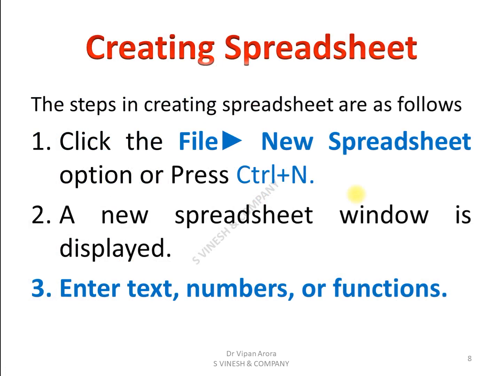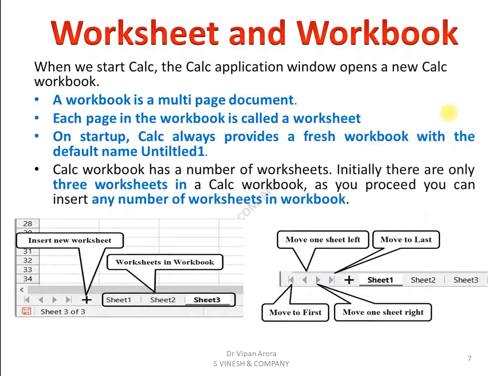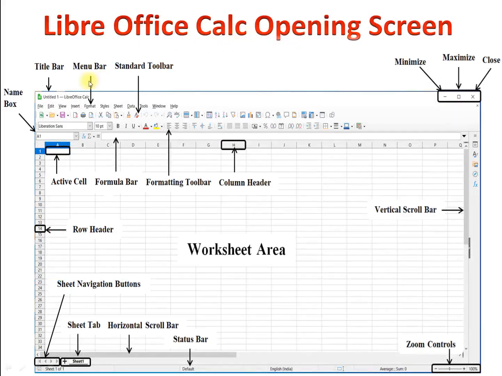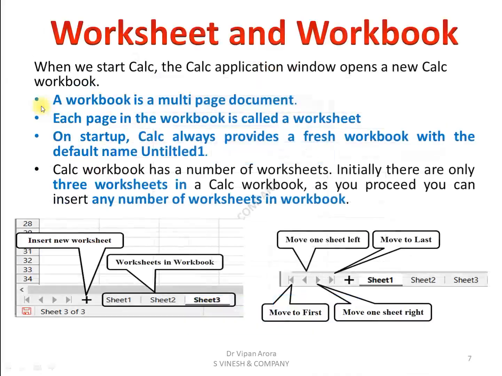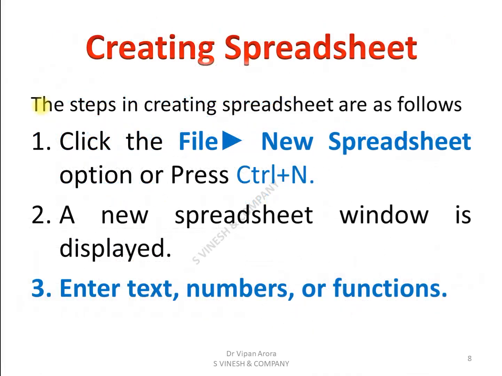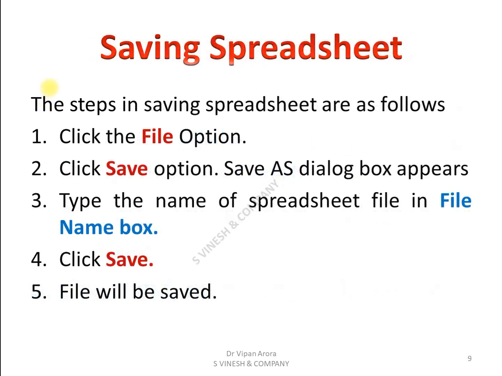So how can we create a worksheet? Click on File, pop down menu will appear, then click on New or press Ctrl plus N. A new worksheet is created. You can enter text, numbers, functions, whatever you desire. And if you want to save a particular worksheet, the steps are quite simple.